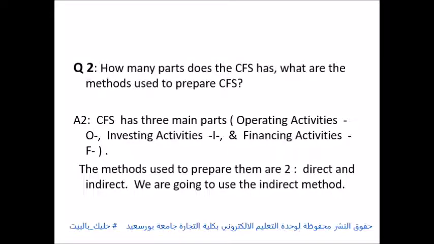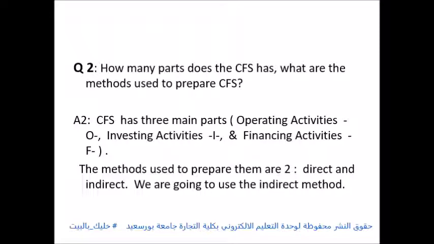Question 2. How many parts does the cash flow statement have? What are the methods used to prepare the cash flow statement? The cash flow statement usually has 3 main parts: operating, investing, financing.